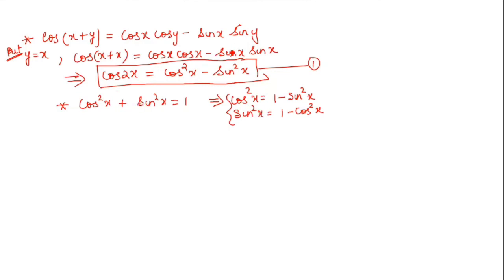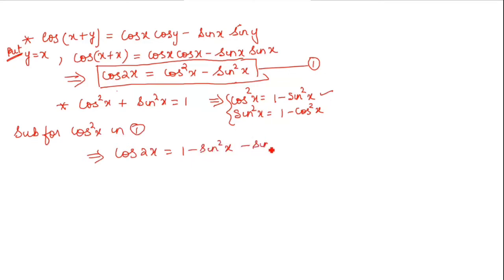Okay, so first let me substitute for cos square x in the first equation. So what are we going to get then? Cos 2x is equal to, cos square x means what I should write? 1 minus sine square x, and minus sine square x, which is as it is.